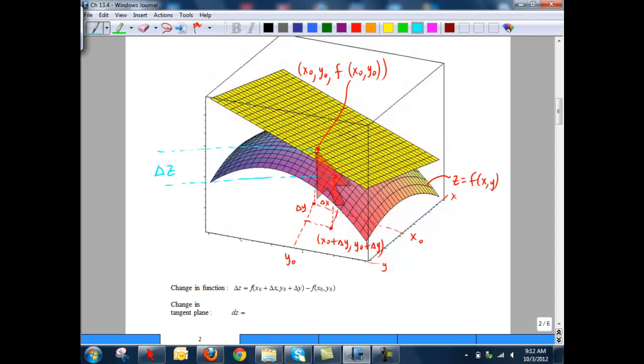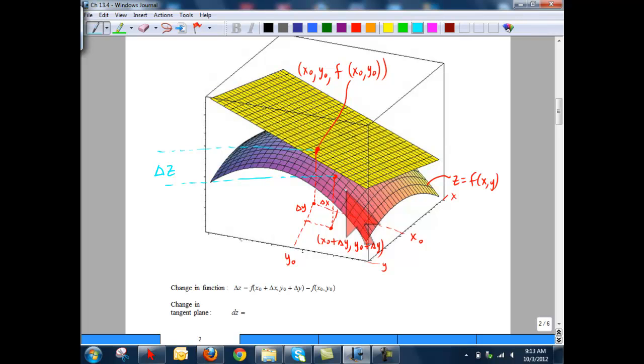So back to this original point on the curved surface that I was interested in discussing, I can put a plane there that is tangent to the surface, or touches the surface at just that one point, and I'll say that is the tangent plane.